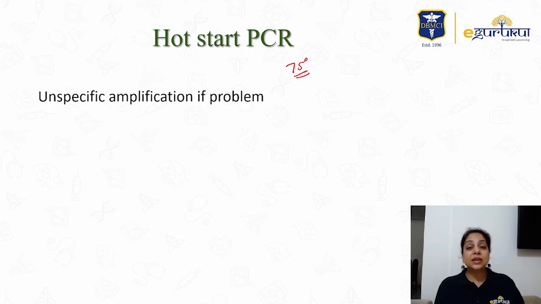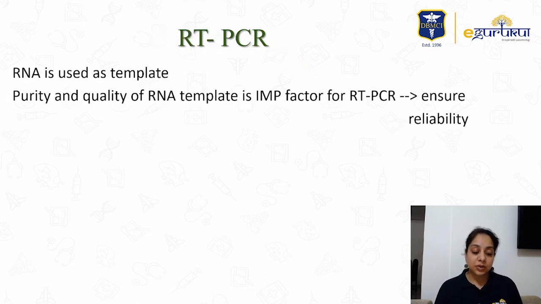But as soon as 75 degrees Celsius or the desirable temperature is reached, these antibodies get detached from the DNA polymerase, setting it free so that it can start the replication process. That is what I mean by hot start PCR. To increase the sensitivity and get specific amplification, we add antibodies, deactivating the DNA polymerase unless the desired temperature is reached.